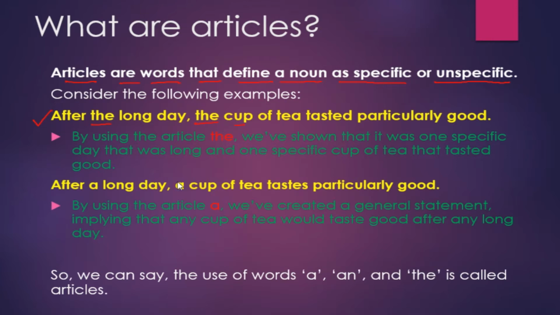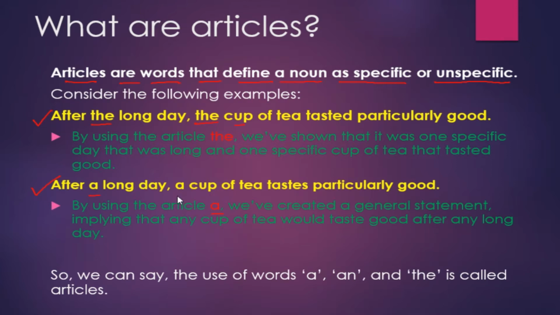So in this case the day was particular, specific, and the cup of tea also a specific cup. The second example, same example having A. In this case, after a long day, a cup of tea tastes particularly good. That means here, by using the article A, we have created a general statement implying that any cup of tea would taste good after any long day.